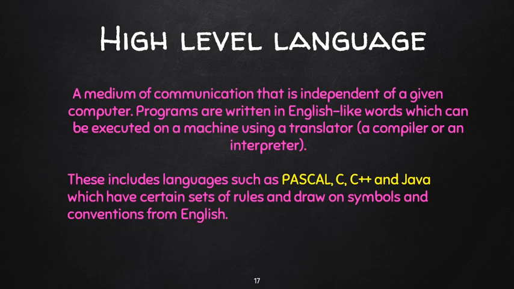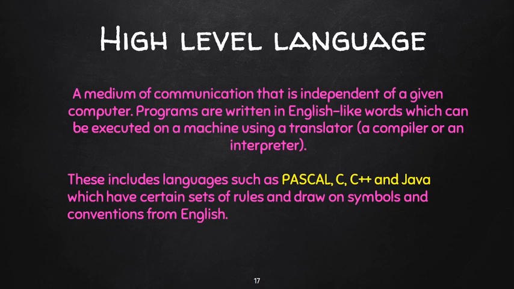A high-level language is a medium of communication that is independent of a given computer. Programs are written in English-like words which can be executed on a machine using a translator. It can be a compiler or an interpreter. Now, what do we mean by a compiler and an interpreter?